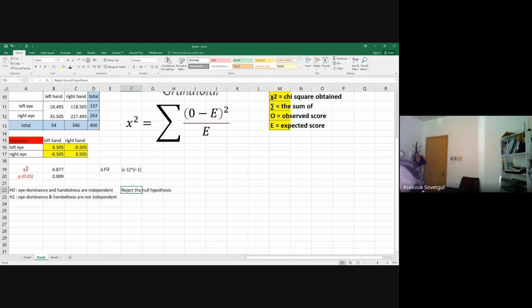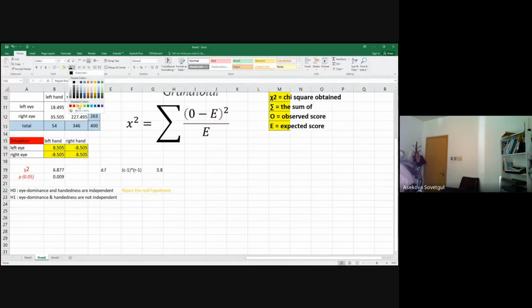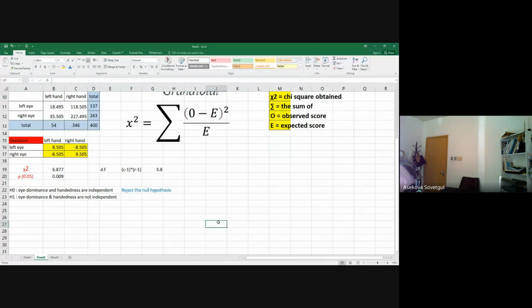From the chi-square table, 3.8 is our chi-square critical value because our degrees of freedom is only 1. So since our obtained value is more than 3.8, we automatically reject the null hypothesis.